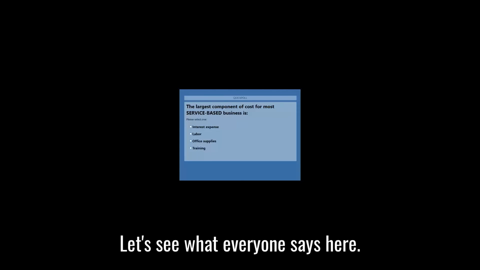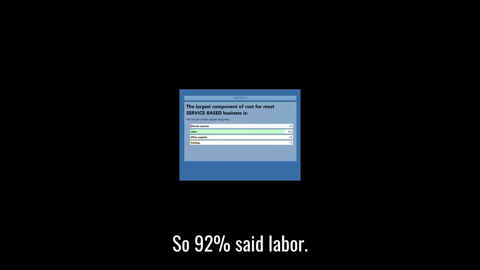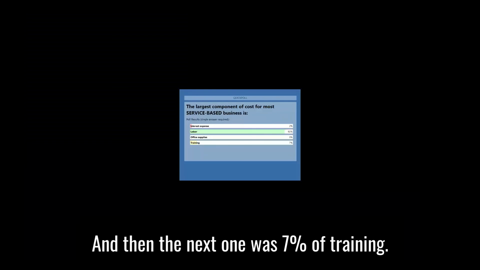Let's see what everyone says here. Let that go a little longer. All right. So 92% said labor, and then the next one was 7% at training.